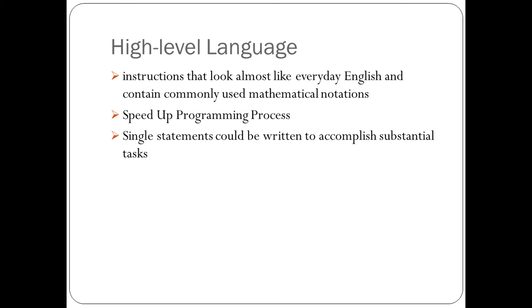Now, we had translation programs that could convert this high level language code into machine language code, since the computer understands just ones and zeros. They needed a way to convert this English language with mathematical expressions into ones and zeros.